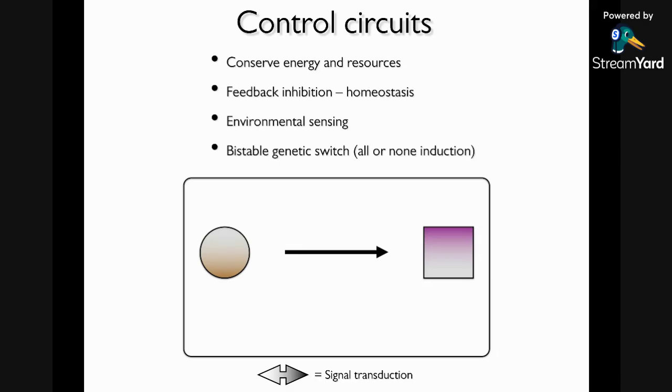But for now, just look at this as a one-step reaction. The product, more often than not, will inhibit via feedback inhibition, again, you covered it last year, the synthesis of itself. In other words, when you've made enough product, it will inhibit its own synthesis.